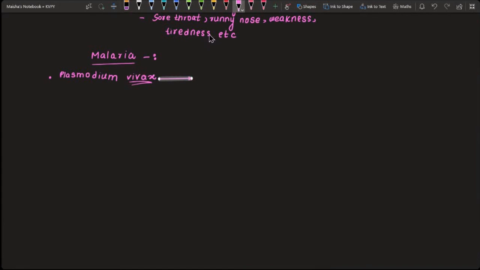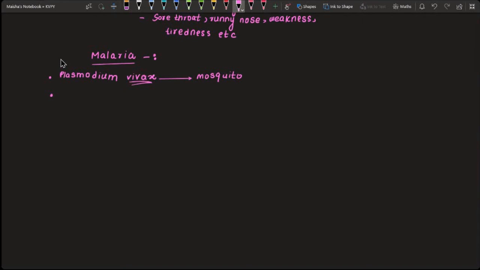There are many species of malaria, but this is one of the most common species of malaria. This Plasmodium vivax is carried through a kind of vector. The vector here would be the mosquito. So the mosquito will carry this Plasmodium vivax.